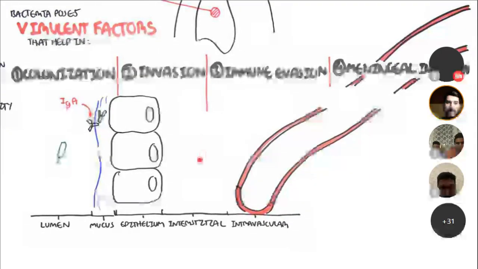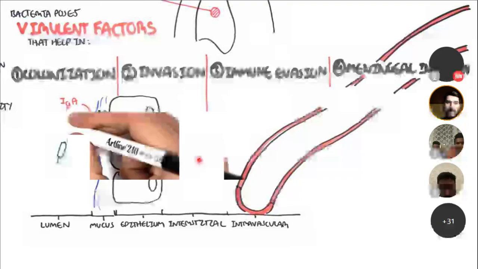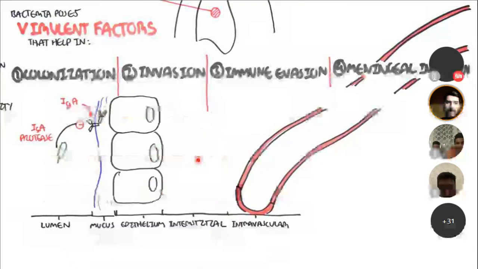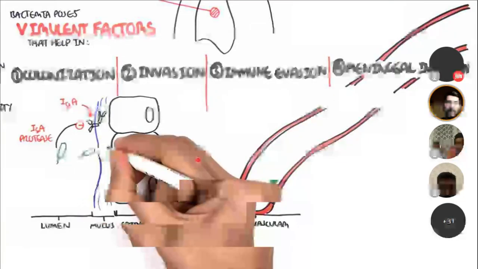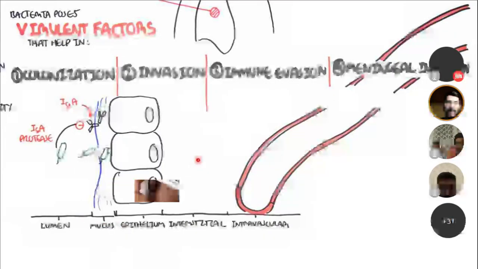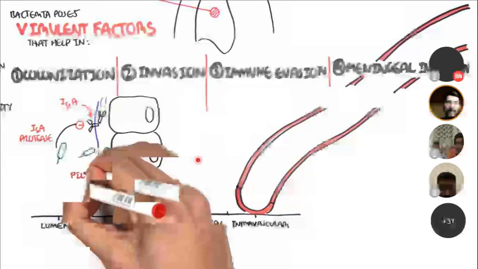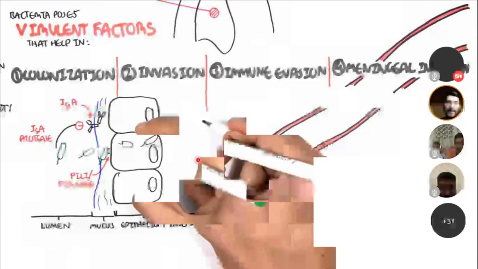Okay, so what happens next? Basically, through the bloodstream, it gets into the venous sinuses, and then what happens?